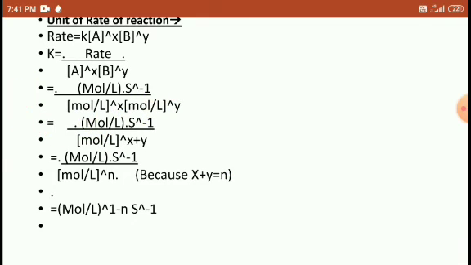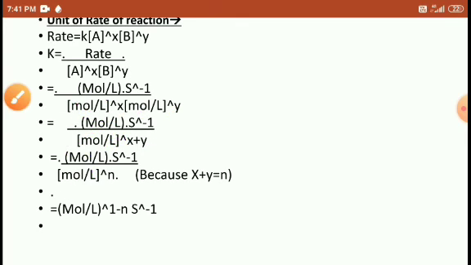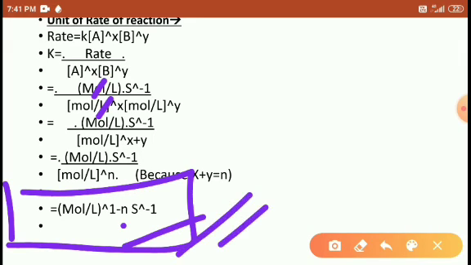So that's why the concentration of A is taken as moles per liter, concentration of B to the power y, moles per liter. We are adding both here, then adding x and y, both get cancelled here, students. Here one gets cancelled, then we got one, moles per liter to the power 1 minus n, that is per second. This is one of the most important points, students. Right?